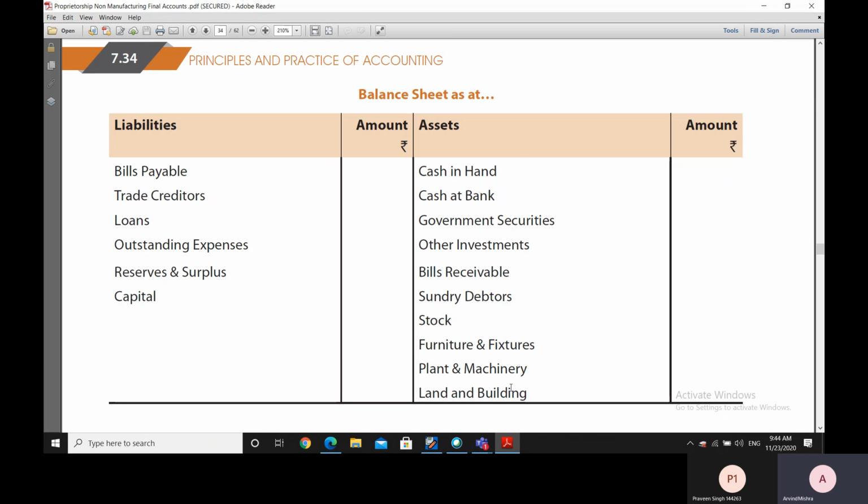As you can see, land and building is the most difficult to liquidate out of these. So they are put in the sequence of liquefiability.